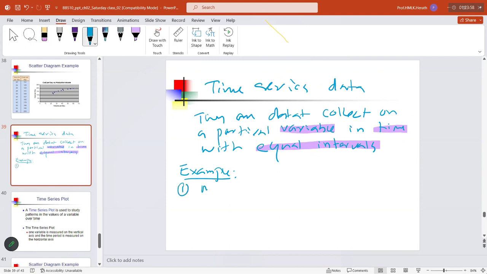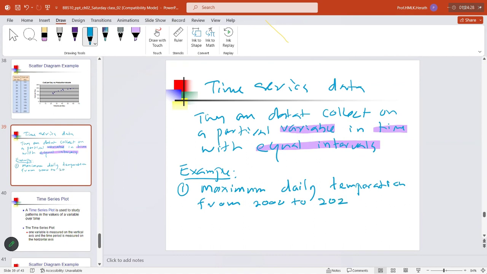Example: maximum daily temperature from 2000 to 2023.